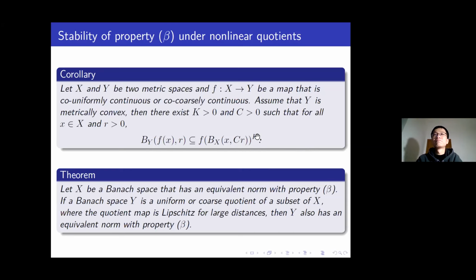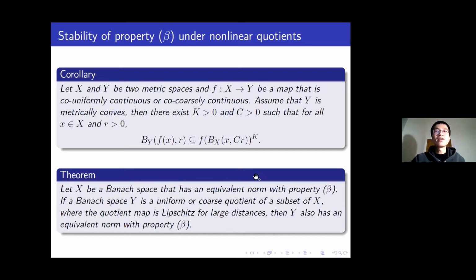I think this corollary is nice. It unifies the two notions when the target space is metrically convex. So next time when you want to prove something about uniform quotient, remember to use this corollary, and you get similar things for coarse quotient.